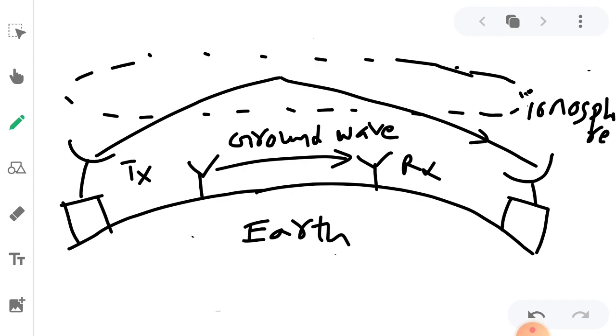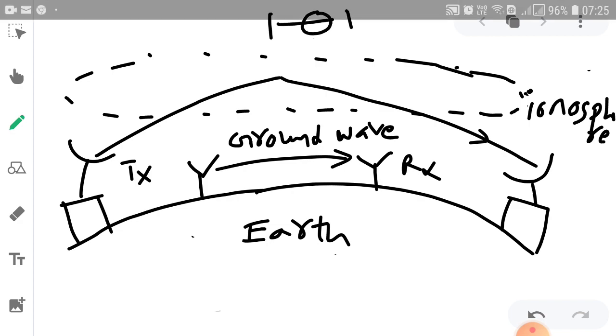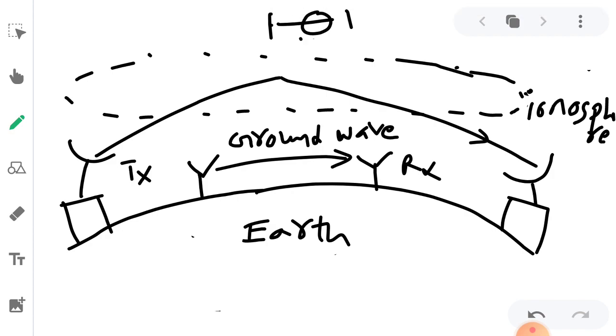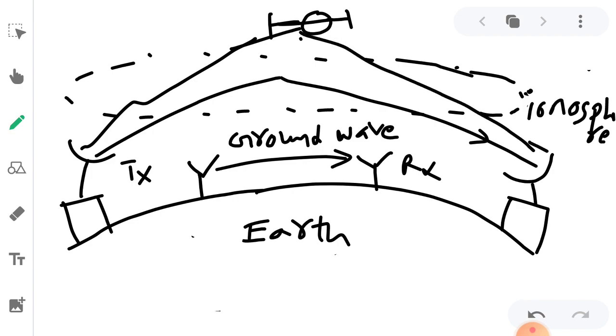Another one we have is space wave. Suppose this is a satellite: the signal is transmitted to the satellite, received by it, and retransmitted to the receiver antenna. This is the transmitter and this is the receiver antenna.